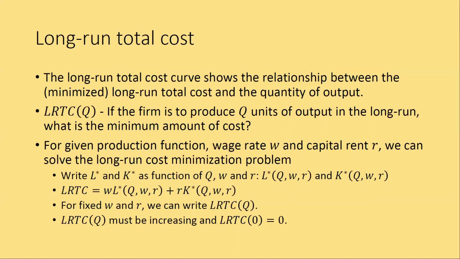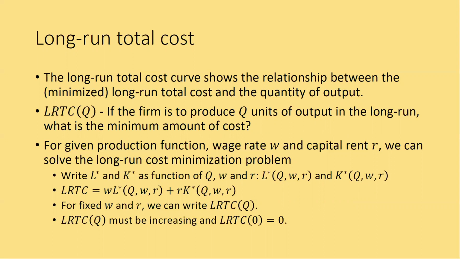We can write the total cost as a function of all of our parameters, A, alpha, beta, Q, W, and R. The expression is messy, but the idea is already presented there.